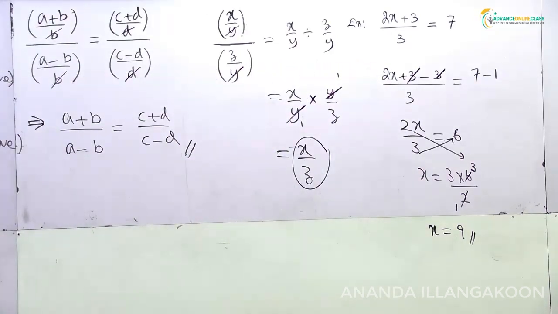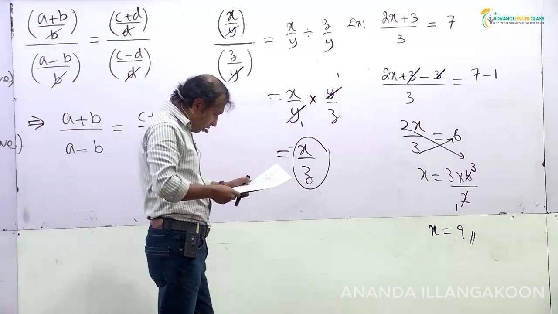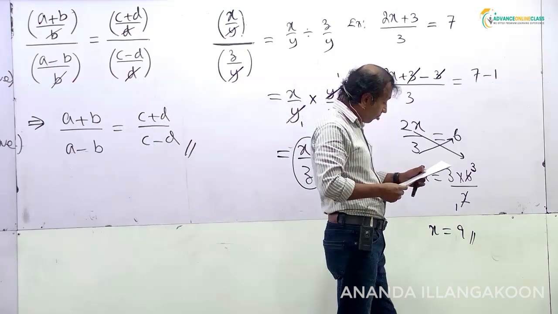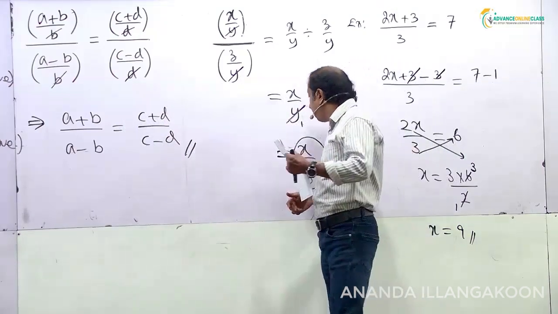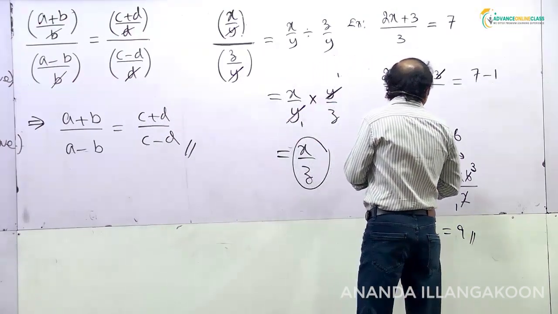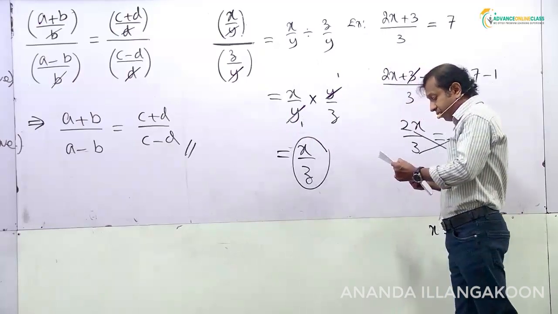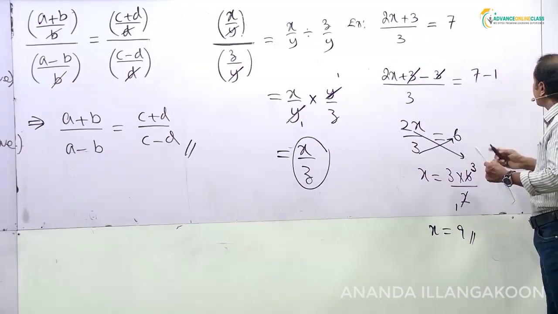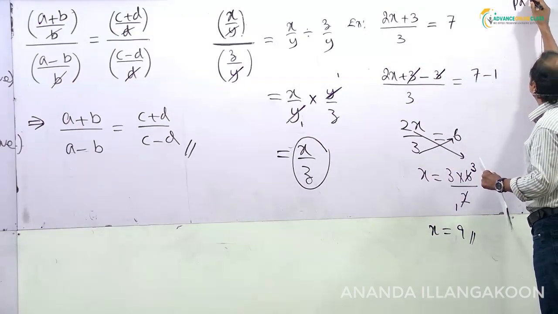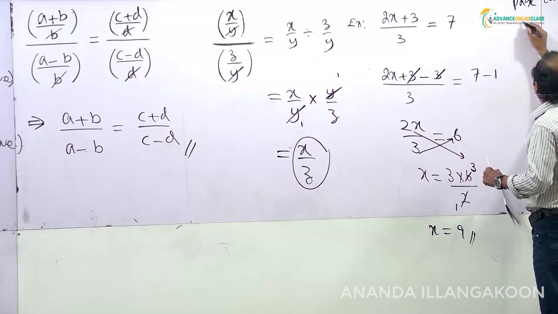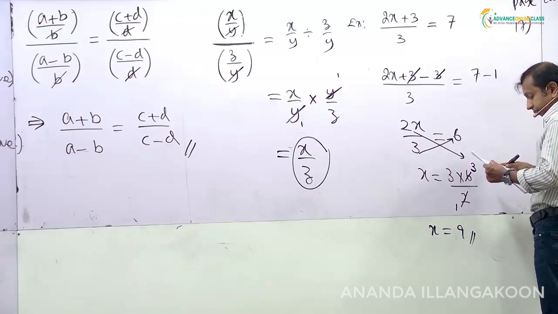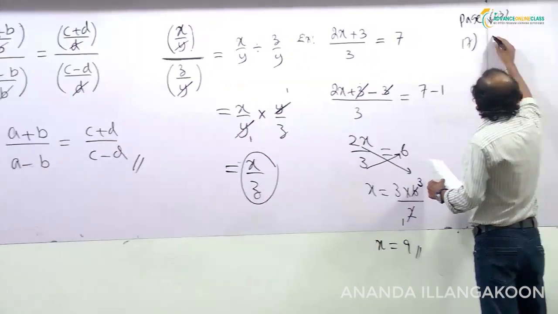Now, for the fifth one, we take one question in the tut. People now take in your tutorial, page number 3, under question number 17, page number 3, under question number 17, part 4.